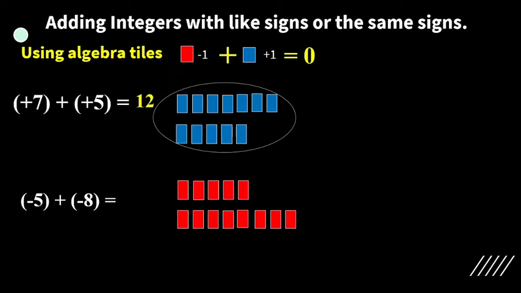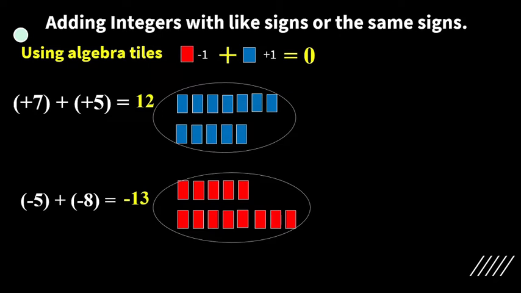There. Since they are the same color, or we are adding the same or like sign, all we have to do is count the total number of red tiles we have in all. So the total is 13 red tiles, which represent 13 or negative 13. Therefore, negative 5 plus negative 8 is equal to negative 13.